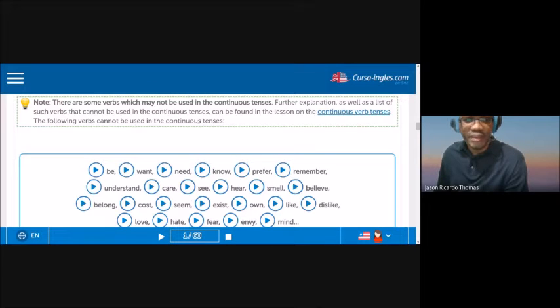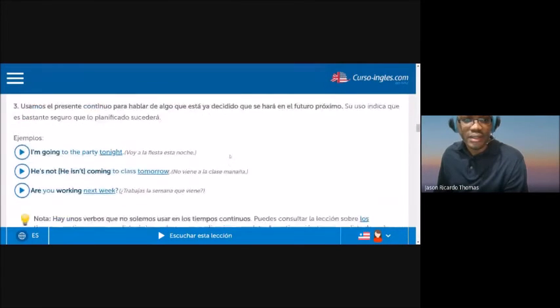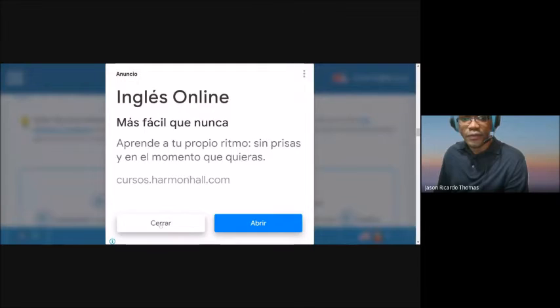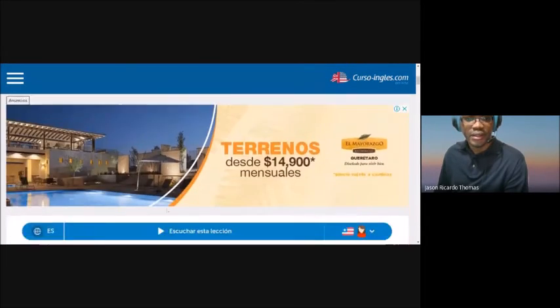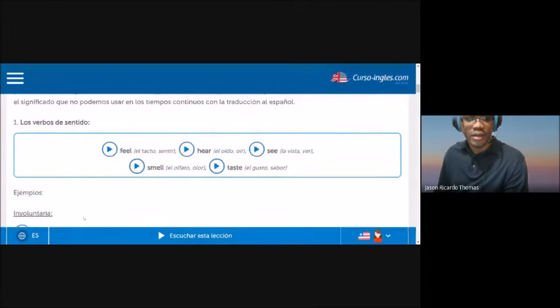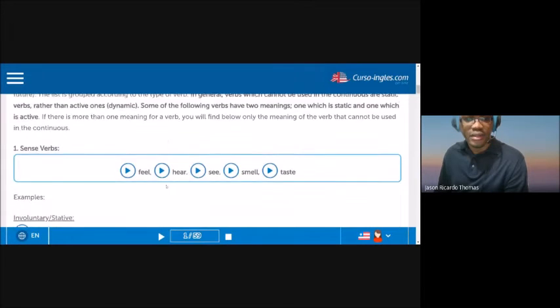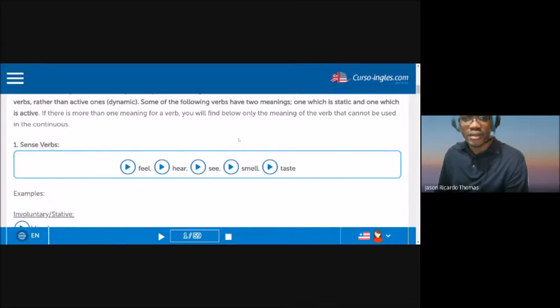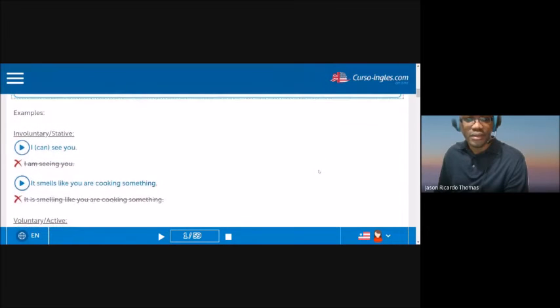Note there are some verbs with. I just want the list. All right, so let me turn off that. And there is a full list of some other verbs that don't do it.